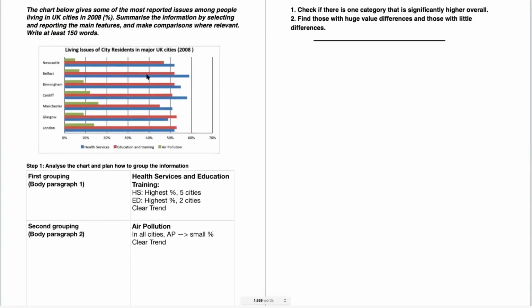So if you just look at this, it's very, very clear that air pollution is the lowest amount. So it's got the lowest percentage, and health services and education and training are quite similar and really high, especially when compared to air pollution. So it's very clear that you want to group health services and education and training together, and then group air pollution in its own category.